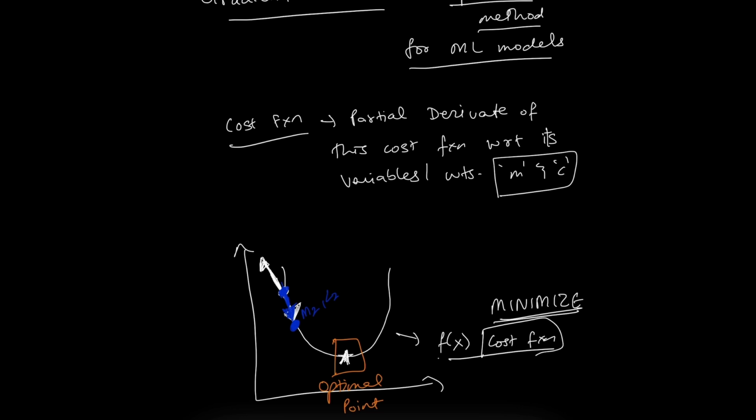We want to calculate the gradient at this point again, and so this point will give us a gradient, and the slope will be this, and we want to go down in the opposite direction, so this will be our gradient descent. And basically we continue doing that till we come down at the optimal point. Now we get the direction by gradient descent. Hope you've understood the concept behind gradient descent.